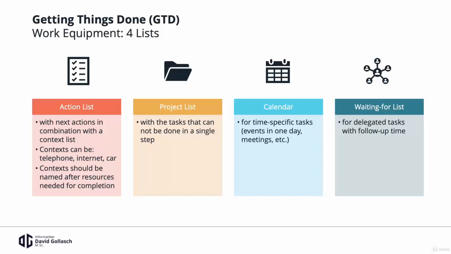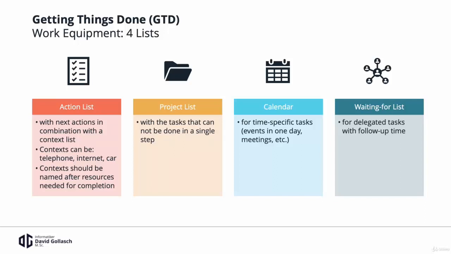But the calendar is your place to put time-specific tasks as appointments. Maybe that's, for example, the task to meet somebody where you have an appointment or to speak to somebody. As well, a phone call could be probably not just on your action list, but an appointment in your calendar if it's time specific.